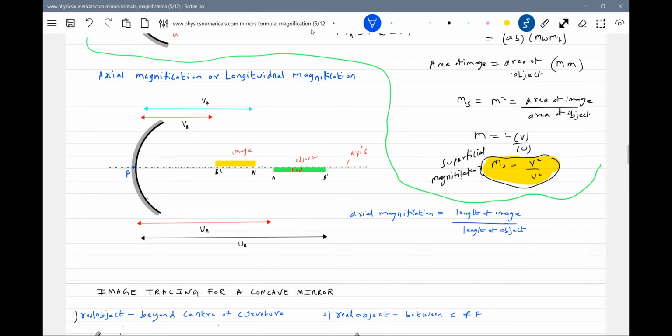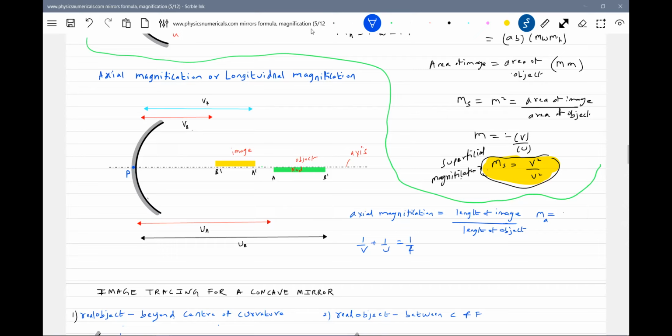So let me go for 1 by V. I have a place here. So what is the length of the image? Okay, let me write the formula. M axial, MA, I'll write it.